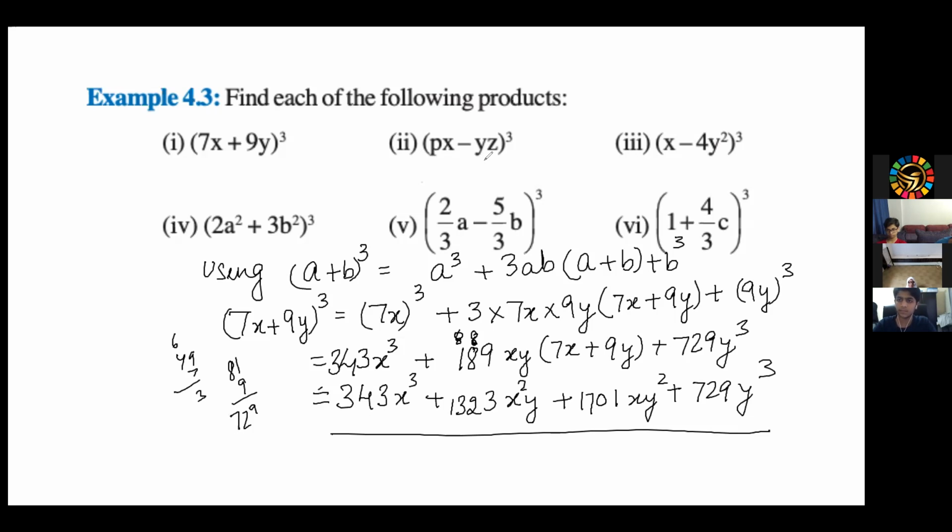Okay. So second question, px minus yz. Which formula will you use? It is now negative. So A minus B whole cube. A minus B whole cube is A cube minus 3AB into A minus B and minus B cube. So all are negatives. Like that you have to remember.